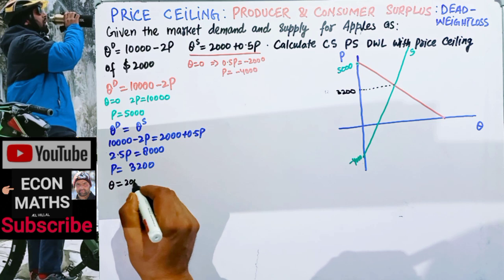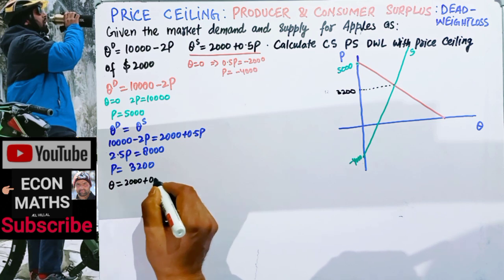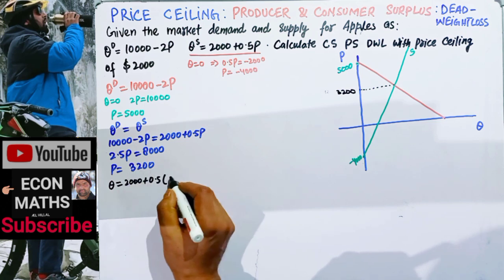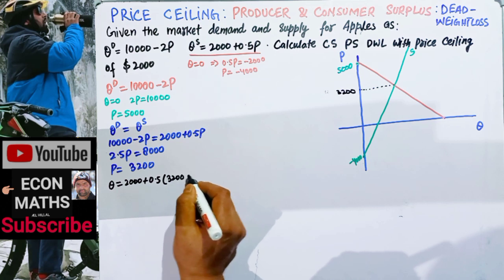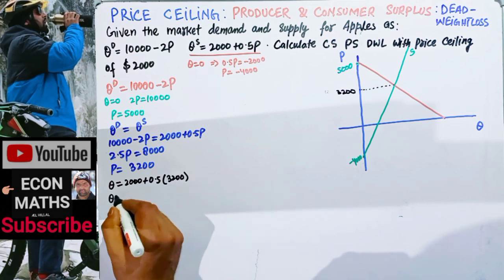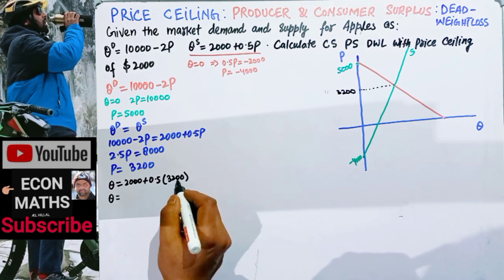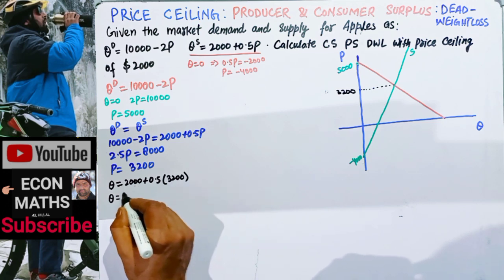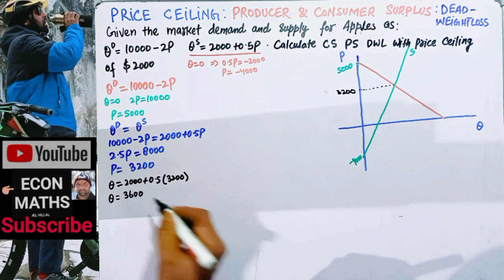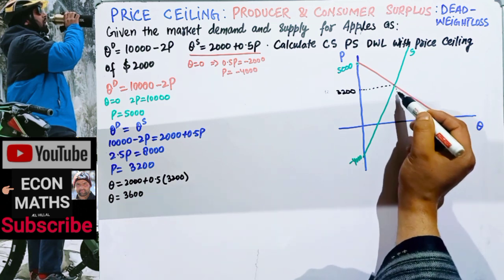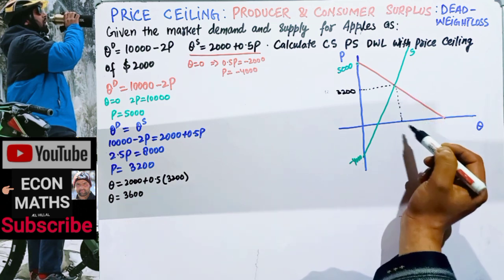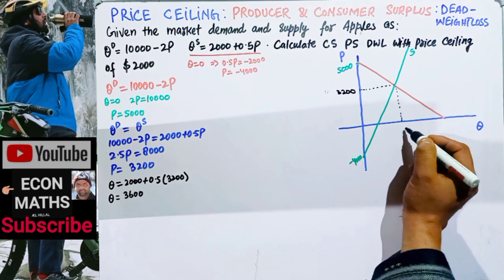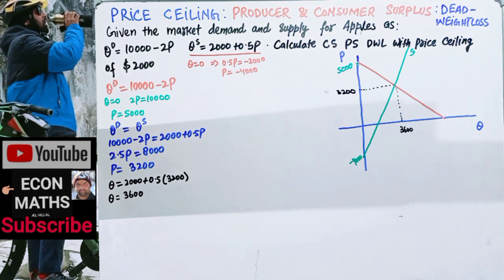So we have 2000 plus 0.5 times the equilibrium price, that is 3200. This is 1600, plus 2000, it comes out to be 3600. Okay, so the equilibrium quantity is 3600. This was the case without the price ceiling.